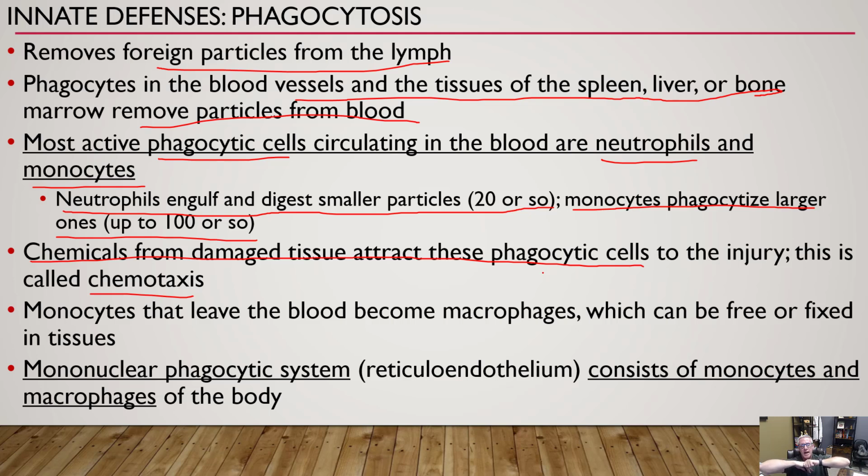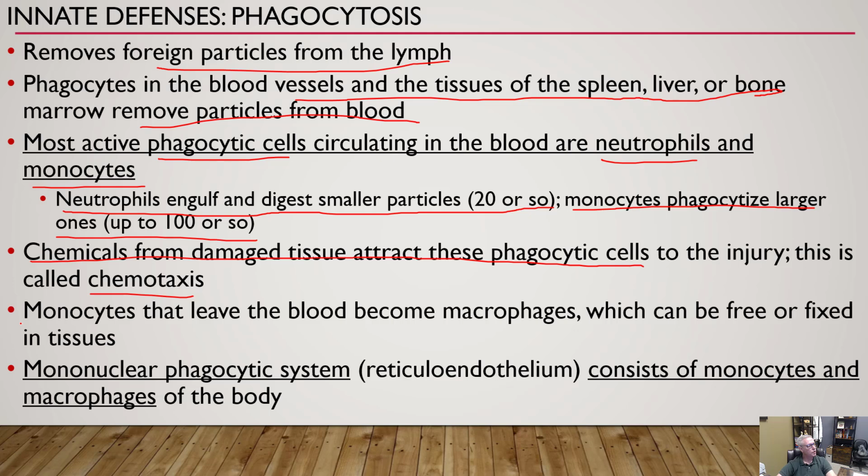And when we do this opsonization process, these chemicals are going to get released, and that's called chemotaxis. And these chemicals are going to attract phagocytes to come kill off, eat up these injured cells.